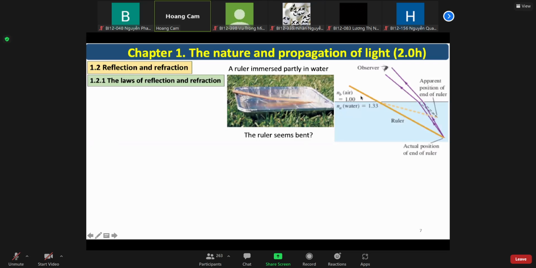In order to explain this, it's also very easy. Here is the ruler. Pay attention: when we observe some object, in fact, we observe the image of this object. Here, this part is in air and this part is in the water.